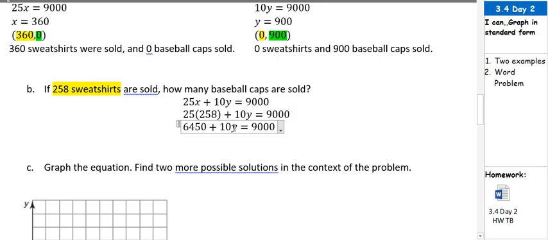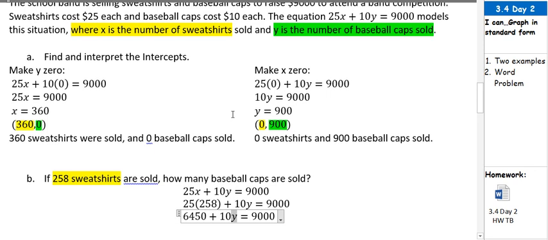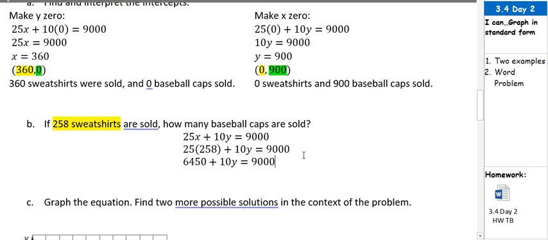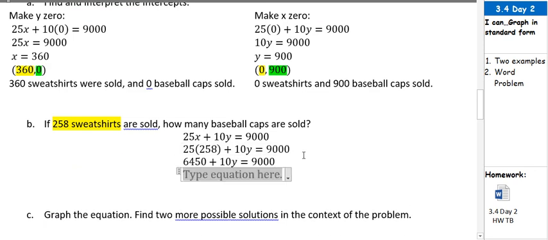Now if I'm trying to get y by itself so I can figure out exactly how many baseball caps, we're solving for y. If I subtract 6,450 from both sides, I end up with 10y equals 2,550.